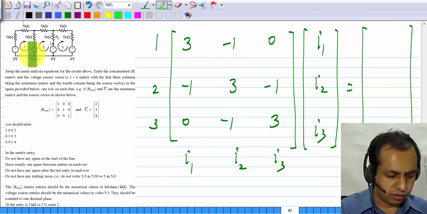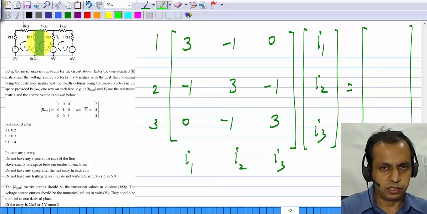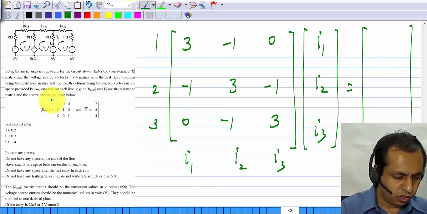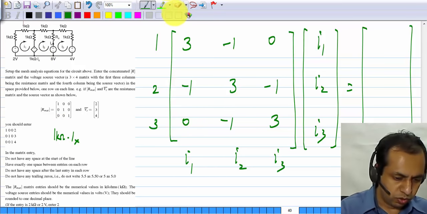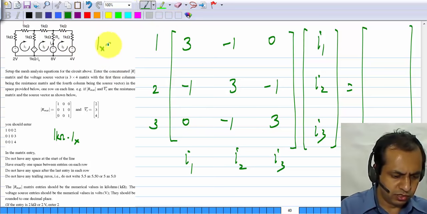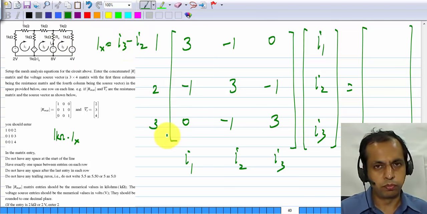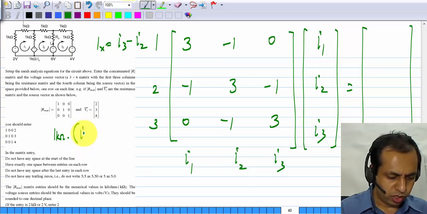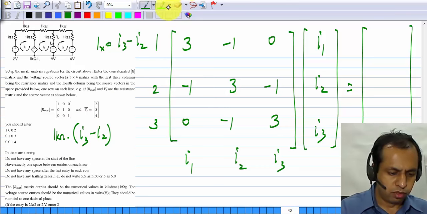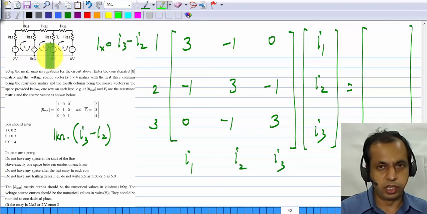Now you see that here, going in the direction of the mesh, there is a voltage drop of 1 kilo ohm times Ix. And what is Ix? Ix is in this direction, so you can see that it is I3 minus I2. So we'll have 1 kilo ohm times I3 minus I2 added; this is in the first mesh, also in the second mesh, by the way.